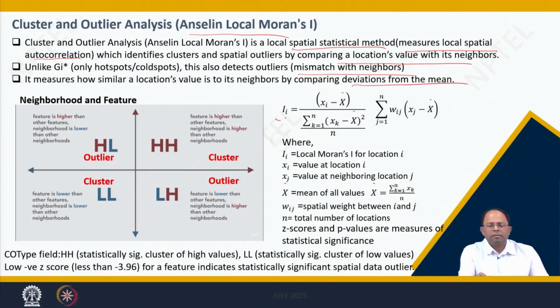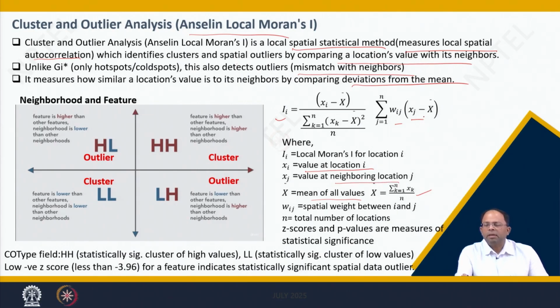This is the Anselin local Moran's I statistic, where you can see that we have taken xi minus x bar. xi is the value at location i, and x bar is the mean of all values. Over on this side you can see xj minus x bar, where xj is the value of neighboring locations j.